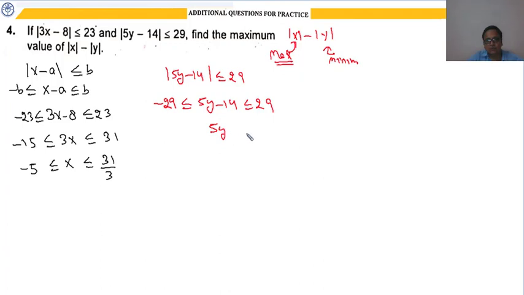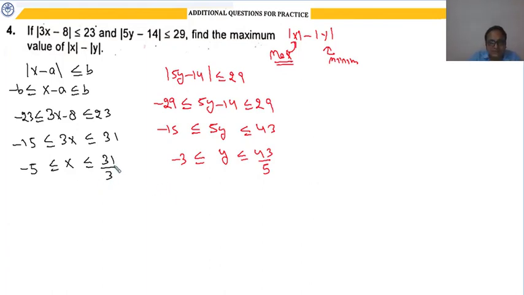So we add 14 to all sides: it becomes less than or equal to 43 and greater than or equal to minus 15. We divide by 5, y is less than or equal to 43 by 5 and greater than or equal to minus 3. So y values range from minus 3 to 43 by 5 and x values range from minus 5 to 31 by 3.